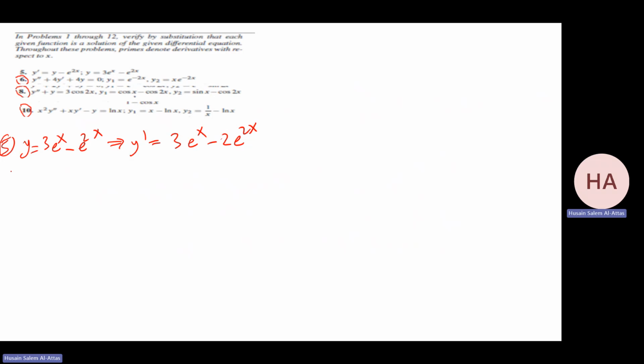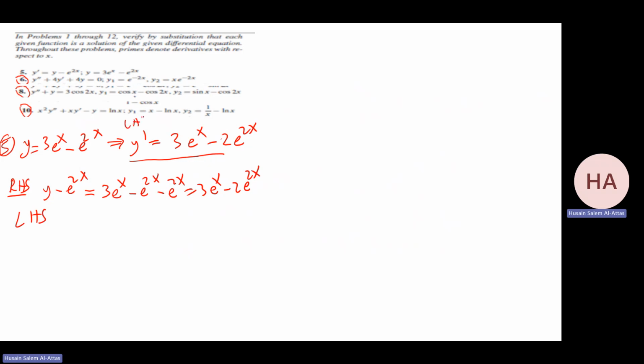Now check the right-hand side, since the left-hand side is this one. The right-hand side is y minus e to the x, which will be 3e^x minus e^x minus e^x, which is 3e^x minus 2e^x. Very clear, the left-hand side equals the right-hand side. So y is the solution.